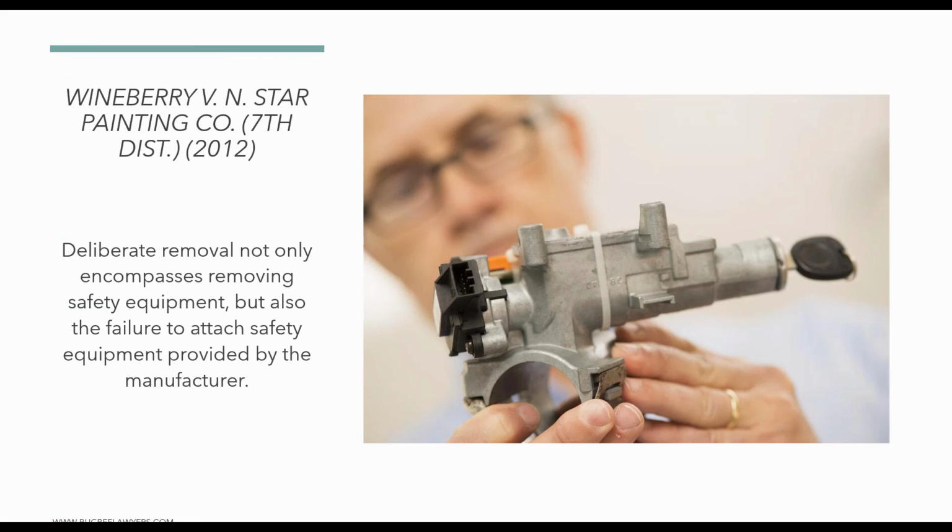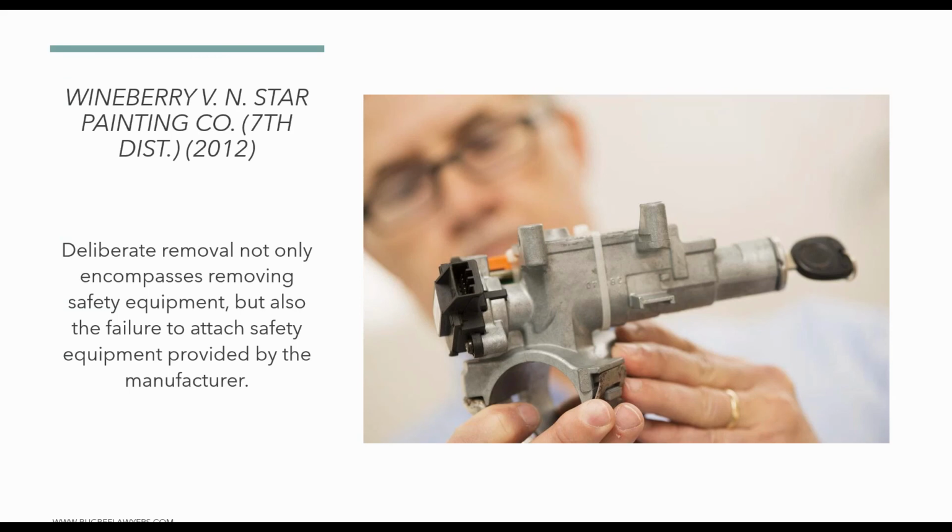In the Wineberry case, the court held that the deliberate removal of an equipment safety guard includes the failure by the employer to attach a piece of safety equipment that was provided by the manufacturer.